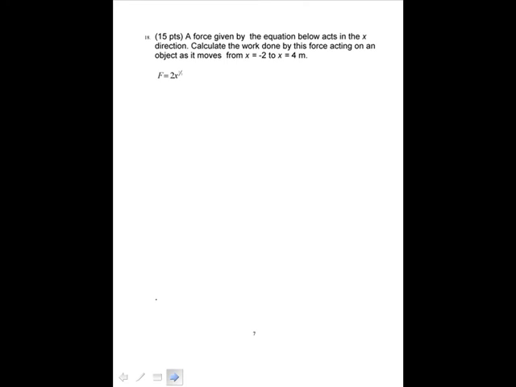A force given by this equation acts in the x direction. Calculate the work done by the force on an object as it moves from -2 to 4. The work is equal to the integral of the force dx, the integral of 2x to the 1/2 from -2 to 4 meters.